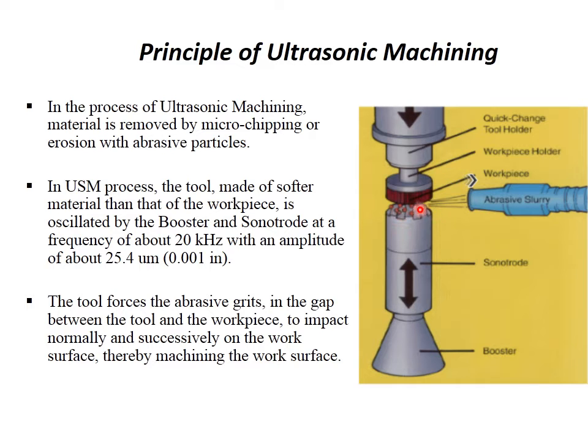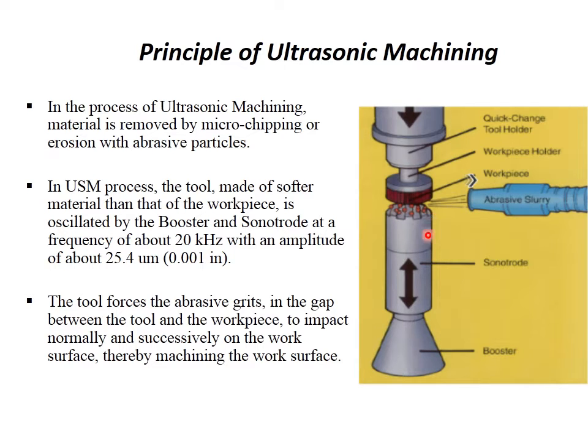It is a liquid which consists of abrasive particles, maybe boron carbide, silicon carbide, or aluminum oxide, depending on which type of workpiece material you want to cut. Depending on the workpiece material, we select different types of abrasive slurry, and it is sent through a nozzle at a set speed.